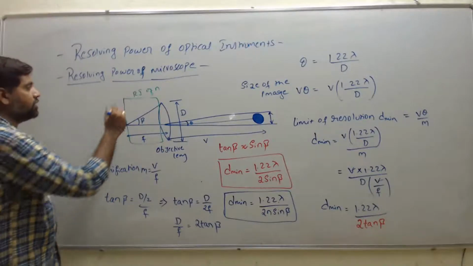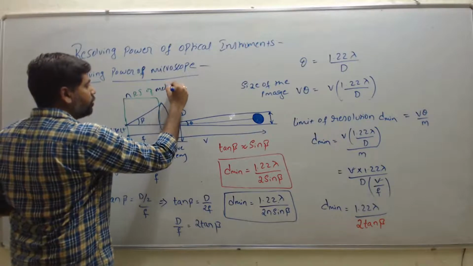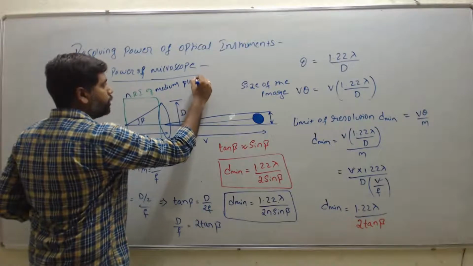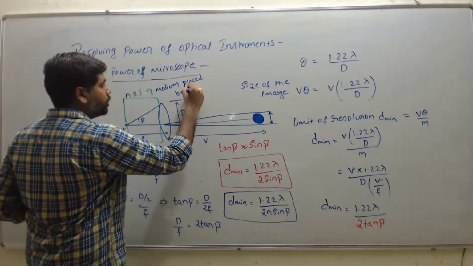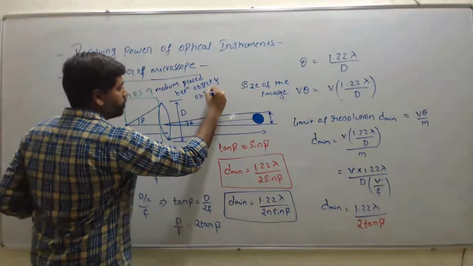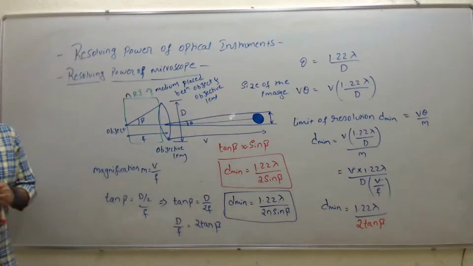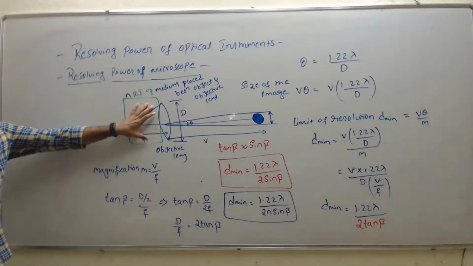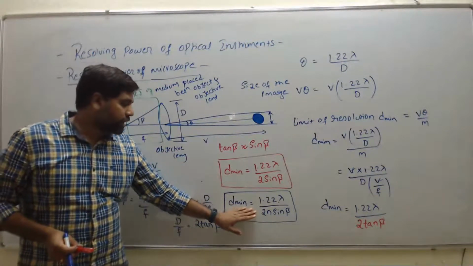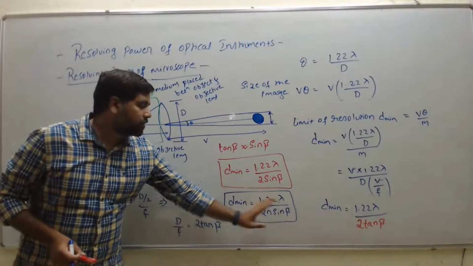So if we place one medium of refractive index n, then the limit of resolution becomes d minimum equals 1.22 lambda divided by 2n sin beta.